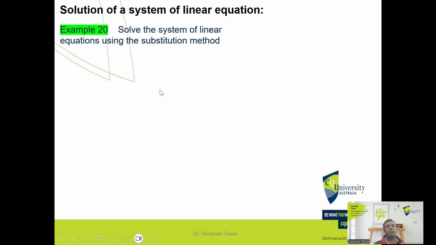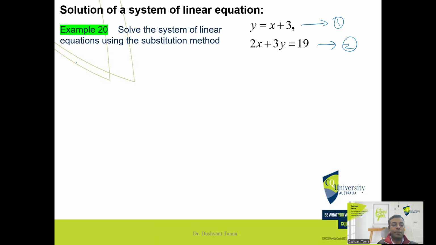Solve the system of linear equations using substitution. Here it is already given in a form where you can easily substitute. I'll call these equations 1 and 2. Substituting equation 1 into 2.